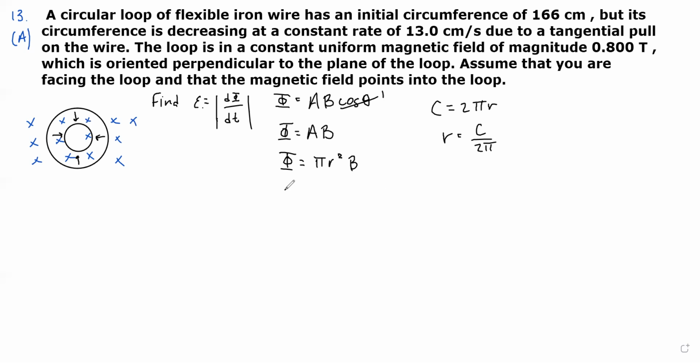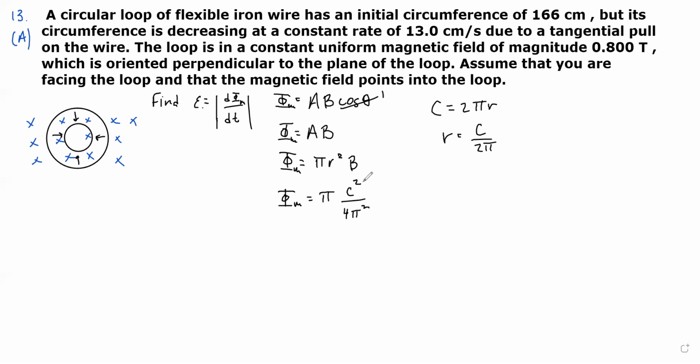Okay, so we can plug that in there, right? Our magnetic flux, I guess I should write an M on all of these because we're talking about magnetic flux, is going to be equal to pi times circumference squared over 4 pi squared. Sorry, I squared the bottom, right?